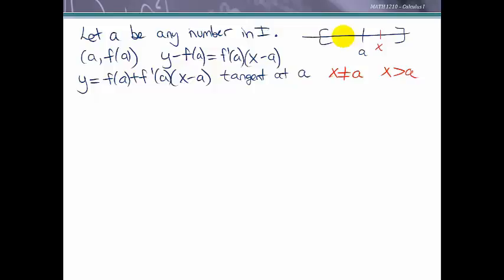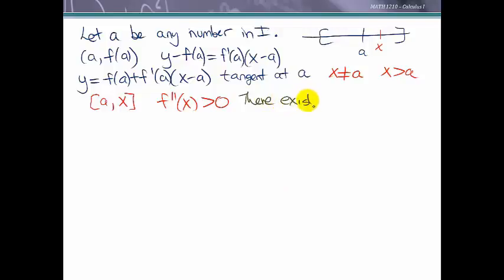So if x is greater than a, we're going to look on an interval from a to x, and we can apply the mean value theorem to this because we have that the second derivative is positive. That was our assumption. And then if the second derivative is positive, that means the first derivative exists on this interval, and therefore the function is differentiable on this interval, and therefore the mean value theorem applies.